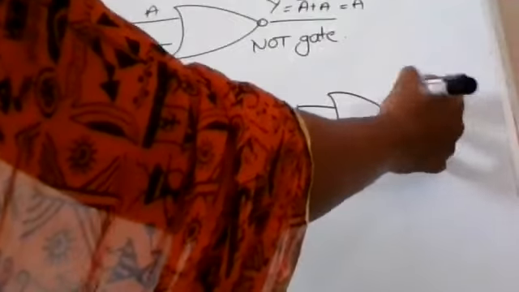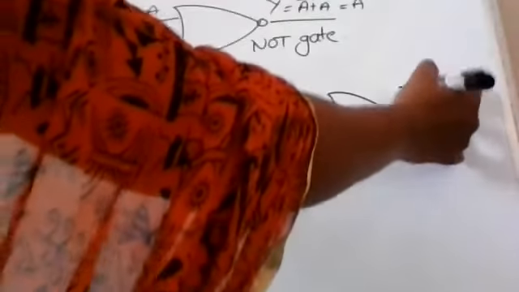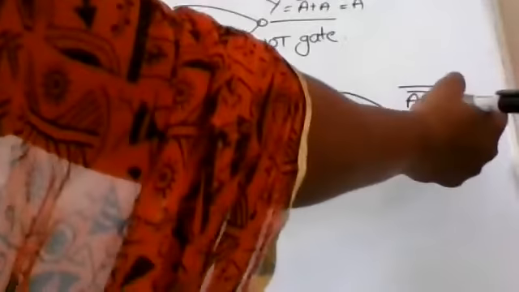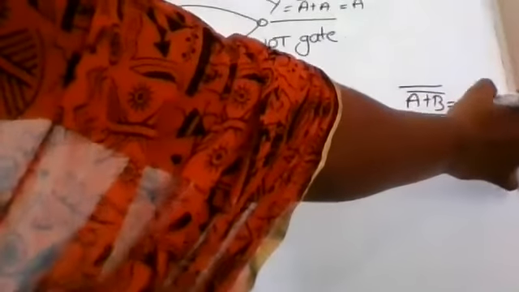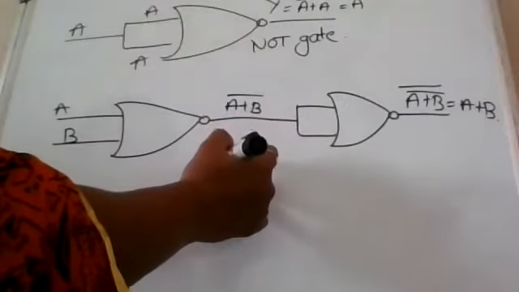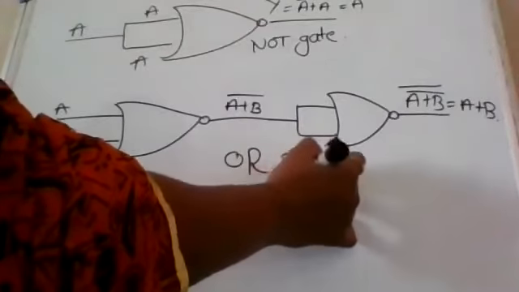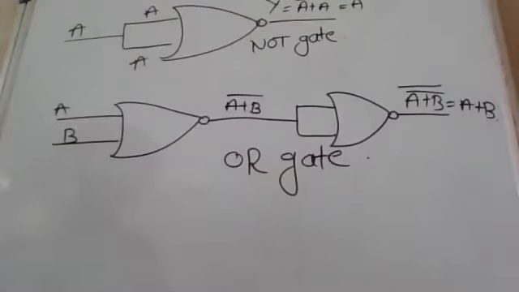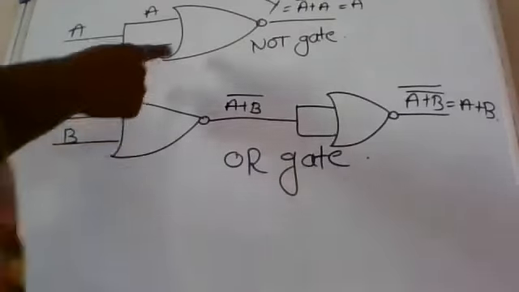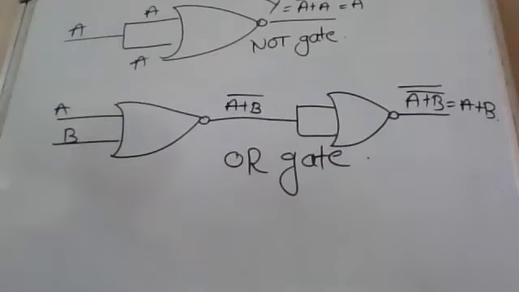Here A plus B double complement equal to A plus B. So what is the A plus B? OR gate output. These two diagrams are the two symbols for NOT gate and OR gate outputs from NOR gate.